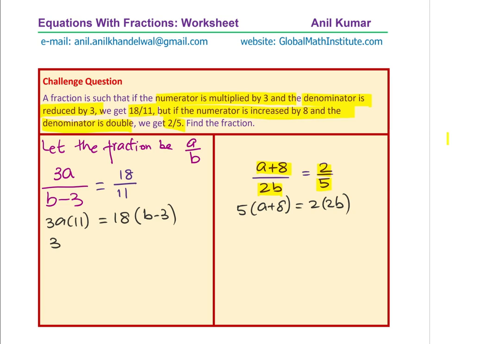Simplify this. 33a equals to 18b minus 3 times 18, 54. On this side, we have 5a plus 8 times 5 is 40 equals to 4b. So we do have a relation between a and b.